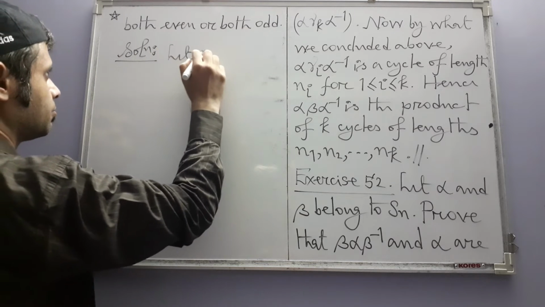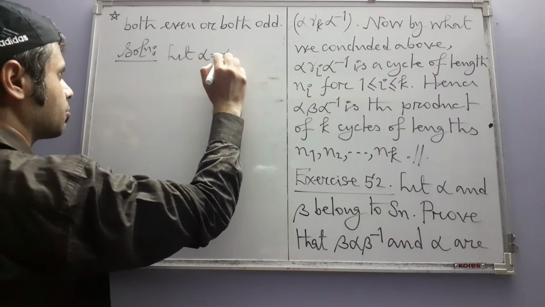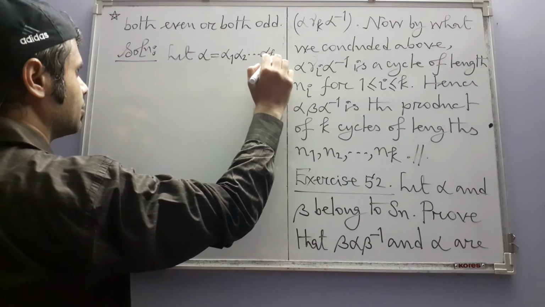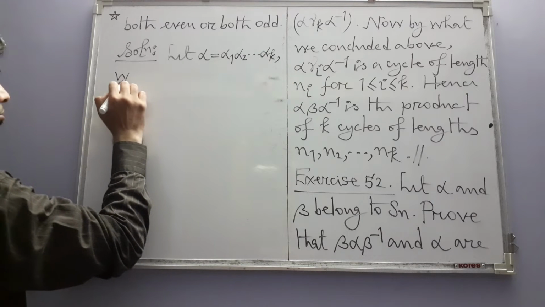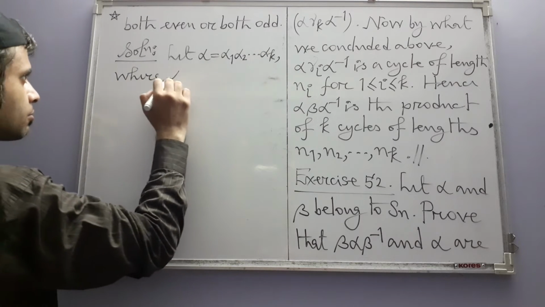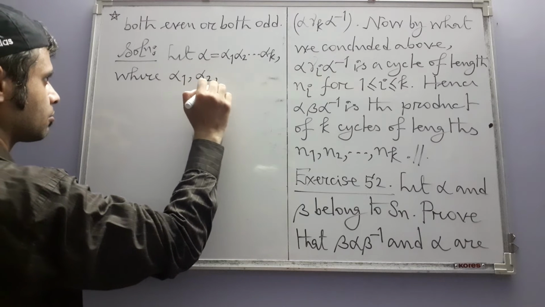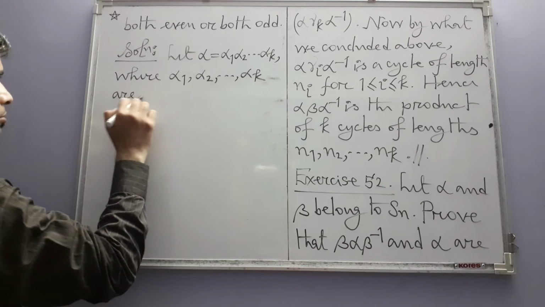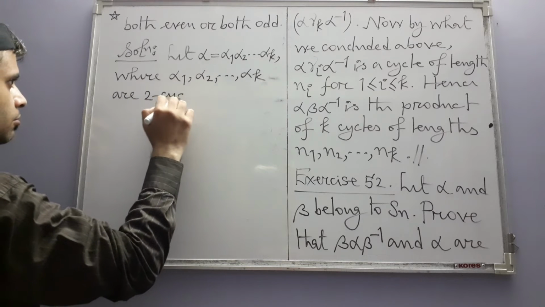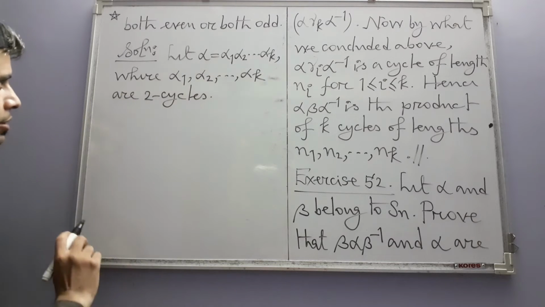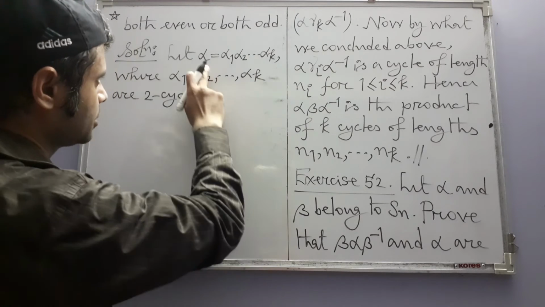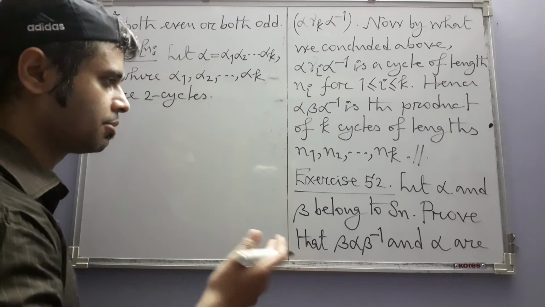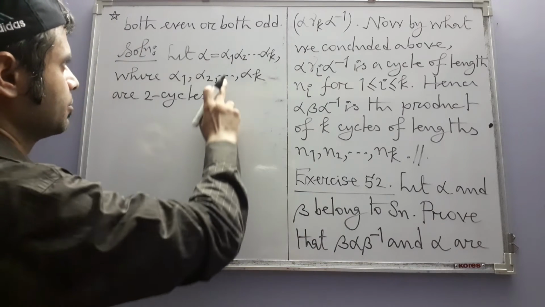Let alpha be equal to alpha 1, alpha 2, ..., alpha k, where these are two cycles. We know that every permutation is a product of two cycles in possibly several different ways.